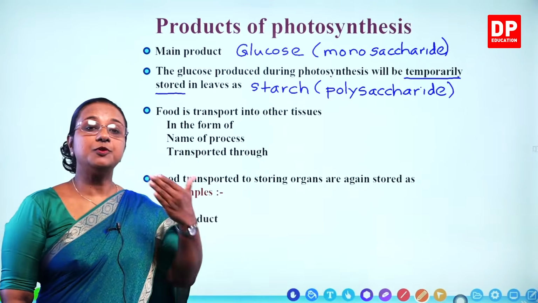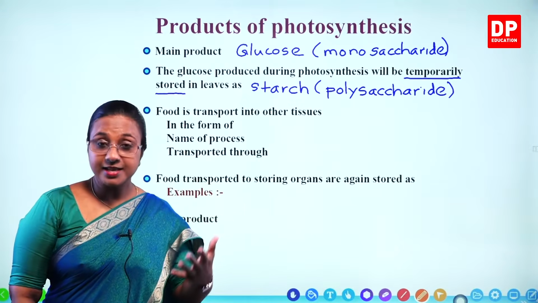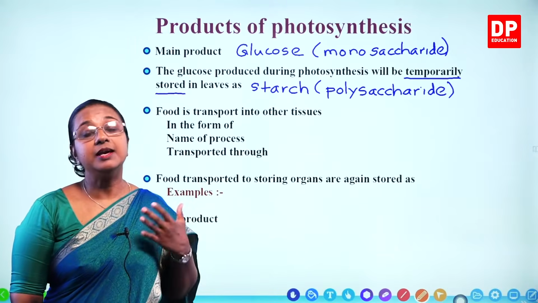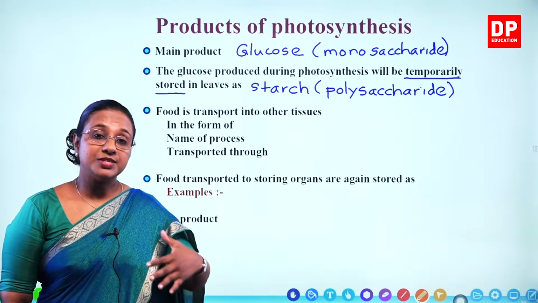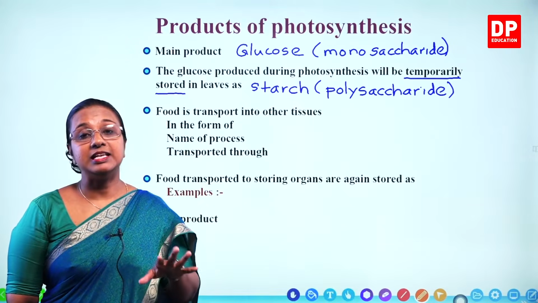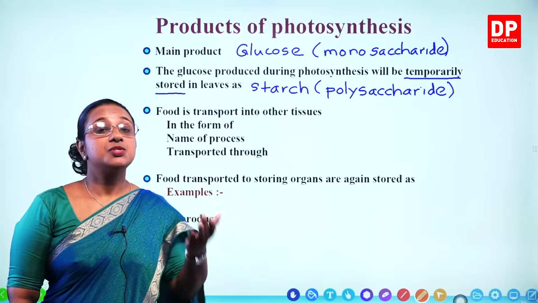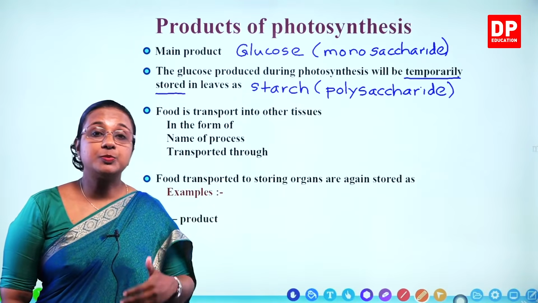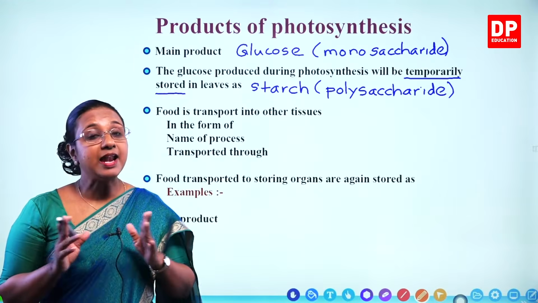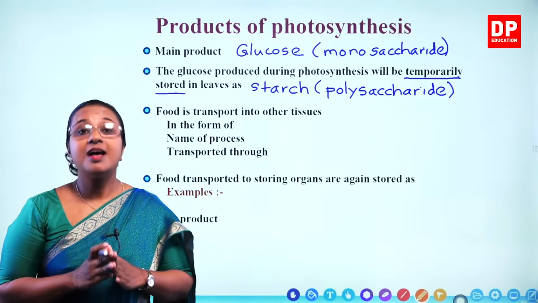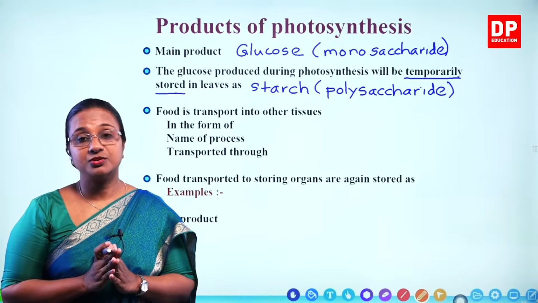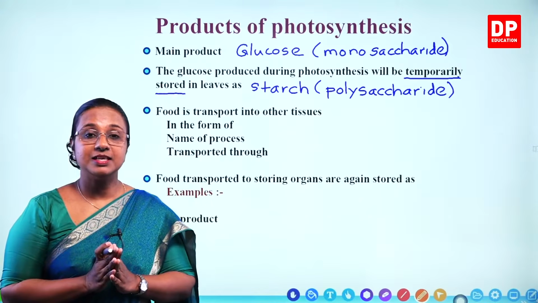And when the photosynthesis process takes place continuously, there is lot of glucose being produced. So this glucose is temporarily stored as starch, but it cannot remain in the leaves for a long time. So it has to be transported to the other parts of the plant. And that process is known as translocation. And in what form does translocation of food take place?